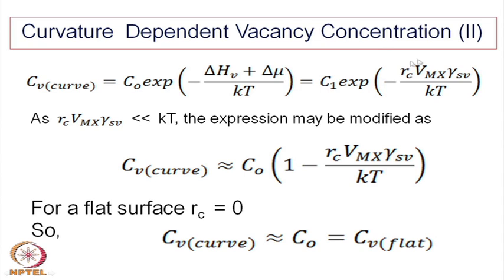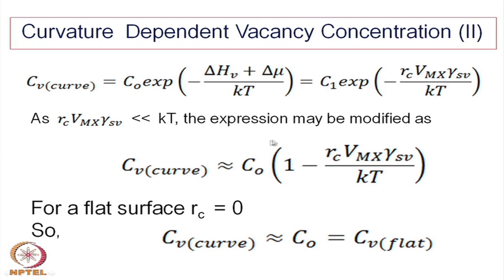These we have seen earlier. So, if R C V mx gamma is V, this term is much less than kT, the numerator is much less than the denominator here.